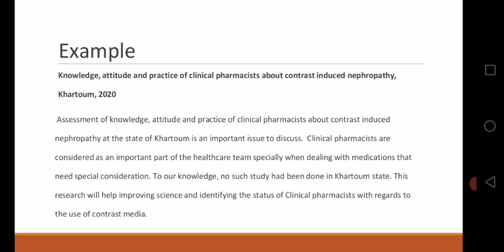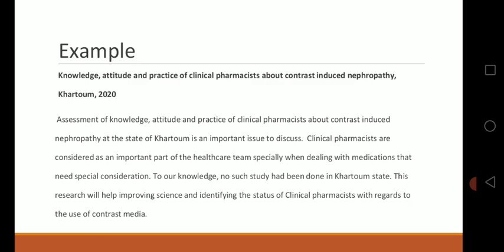To our knowledge means that after we did our literature search in PubMed for related papers, we did not find any paper published about this issue in Khartoum state. This is the gap in knowledge: there are studies about contrast-induced nephropathy and so on, but no studies done in Khartoum state, or depending on your topic, you see where the gap is.